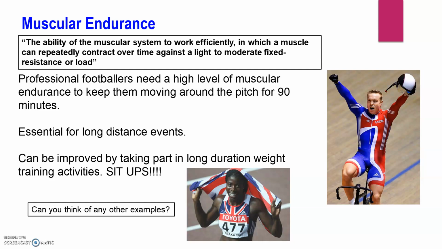So muscular endurance would be good for footballers, rugby players, but it's also really important for long distance running and so on. So essential for long distance events. Muscular endurance is long duration again, referring to the muscles being able to contract over a repeated period of time. That's what muscular endurance is.